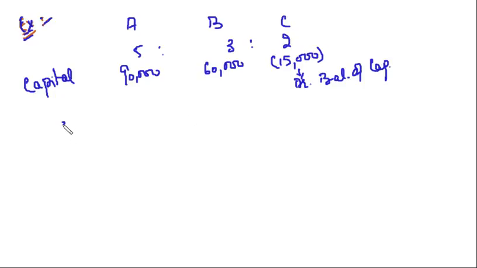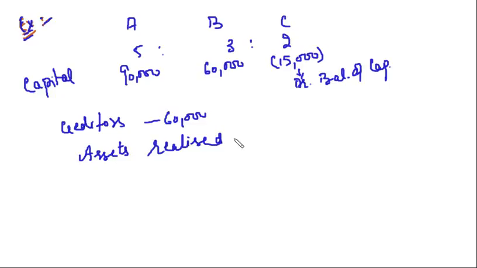Then we are given that we have creditors of 60,000. Then we are given one important information, that is, they say assets realized 1,50,000.